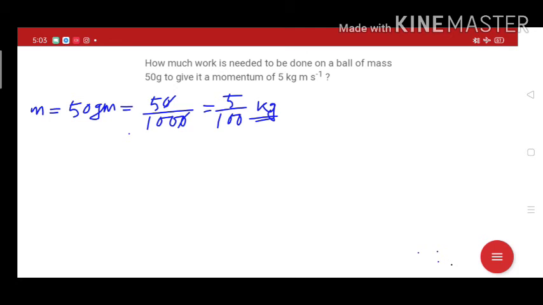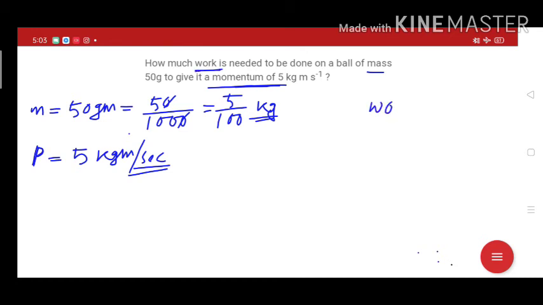It will make your calculation easy. Then 50 gram to give it a momentum, so momentum is given over here, that is 5 kg meter per second. Now this is kind of a tricky question, okay, and they are asking for the work done.